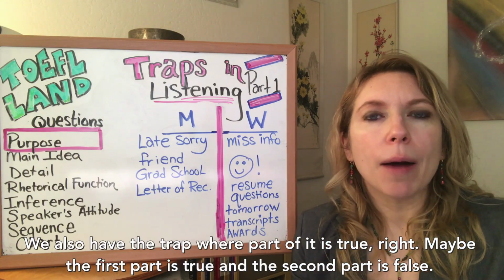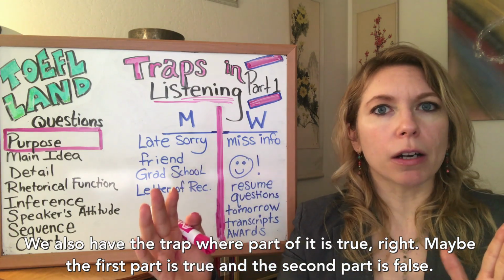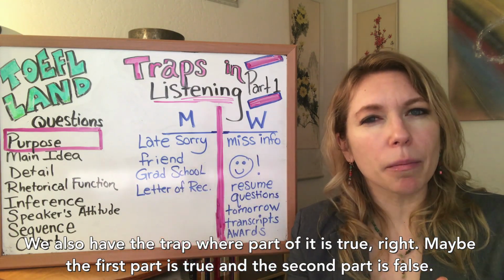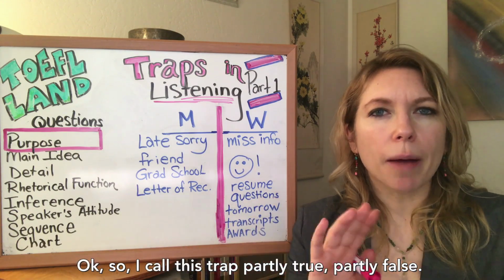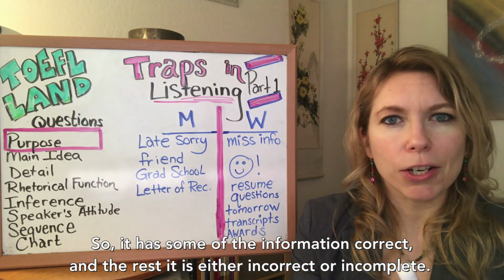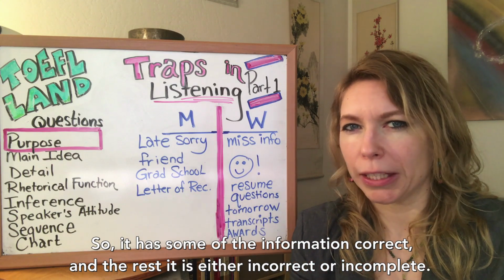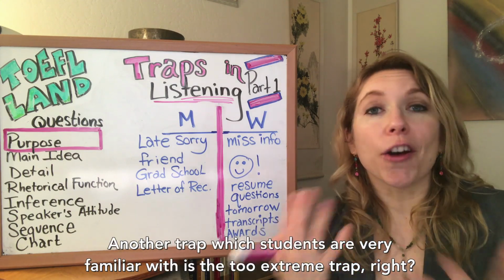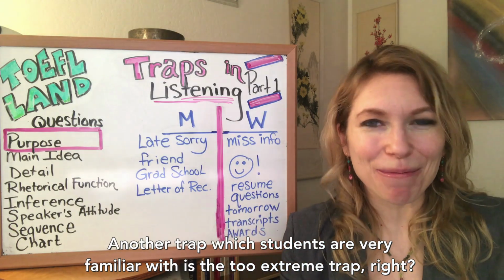We also have the trap where part of it is true, right? Maybe the first part is true and the second part is false, okay? So I call this trap partly true, partly false. So it has some of the information correct and the rest of it is either incorrect or incomplete. Another trap, which students are very familiar with, is the too extreme trap, right?